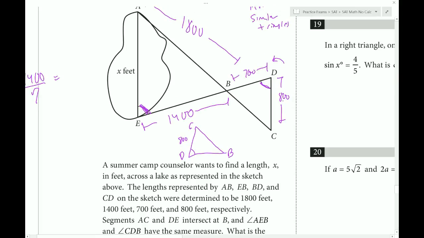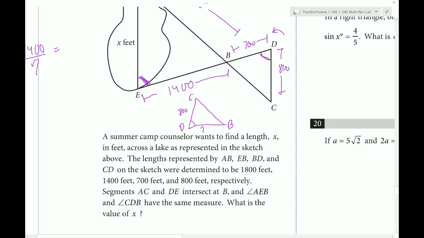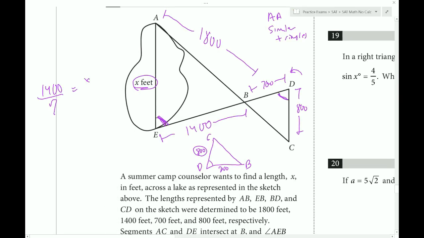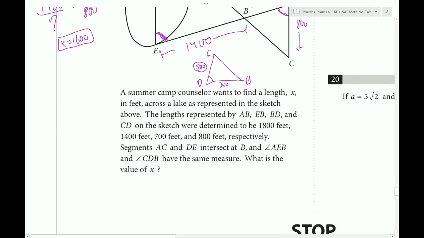So I was correct in my assessment. BD is 700, so this would be the corresponding side with this 800. So I can fill that in here: x over 800. And then if I cross multiply, I'll just get x equals 1600. Okay, so that'll be our answer here.